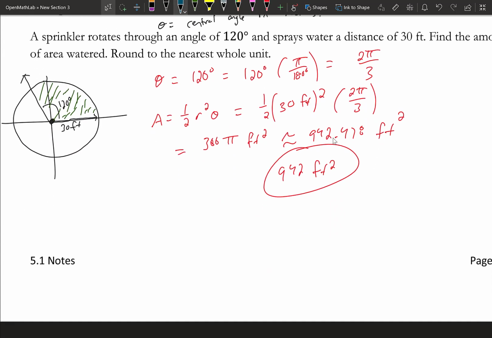So for me, this is the second method, and this would be how I would do this problem. I would just say the area is equal to, all right, so we're going 120 degrees out of a full rotation, which is 360 degrees. That's my fraction of the circle.